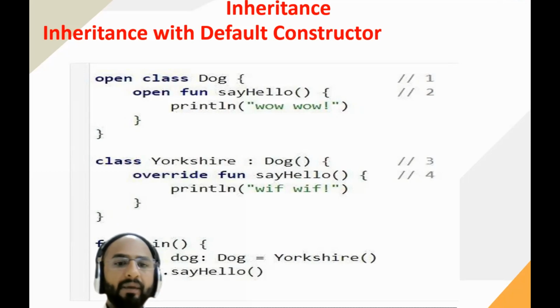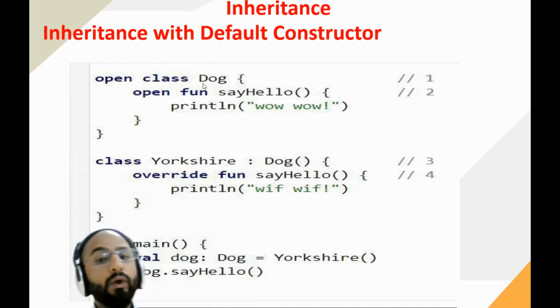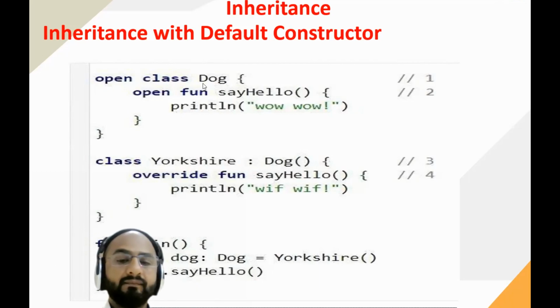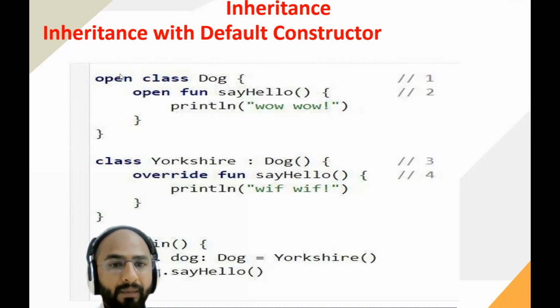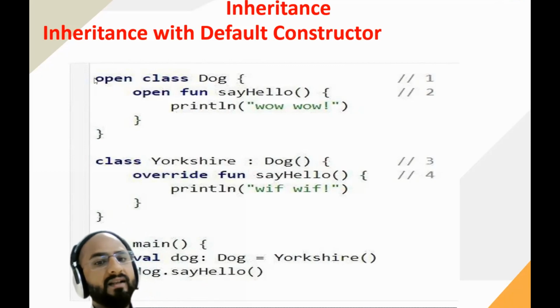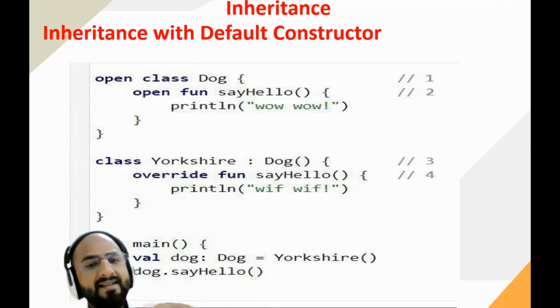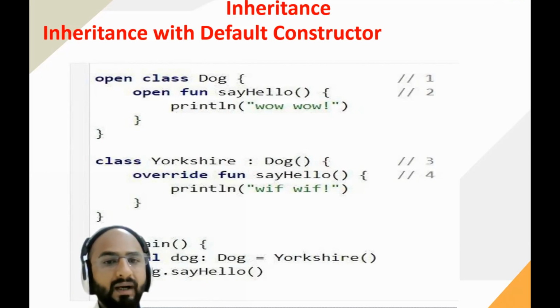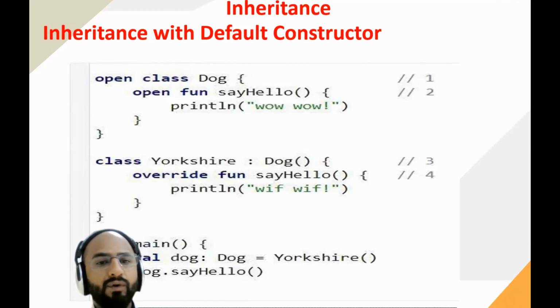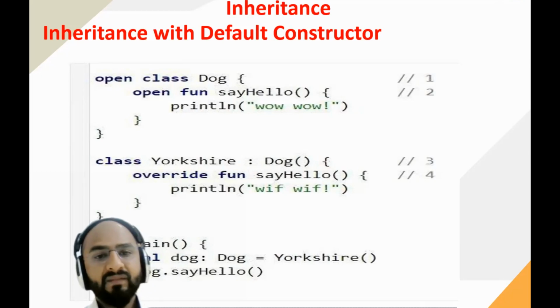If I remove that open keyword, the class is final by default and cannot be inherited. But what I want to do is inherit the Dog class into another class. That's why I have opened that class by using the open keyword.